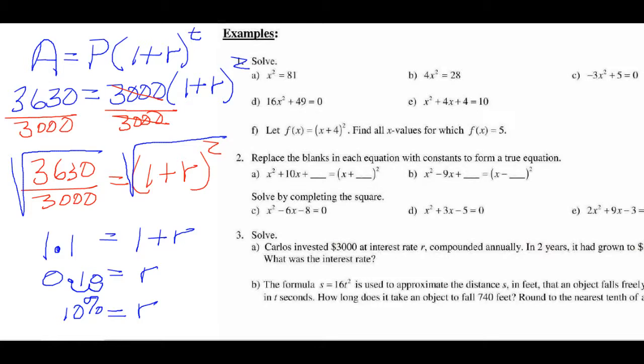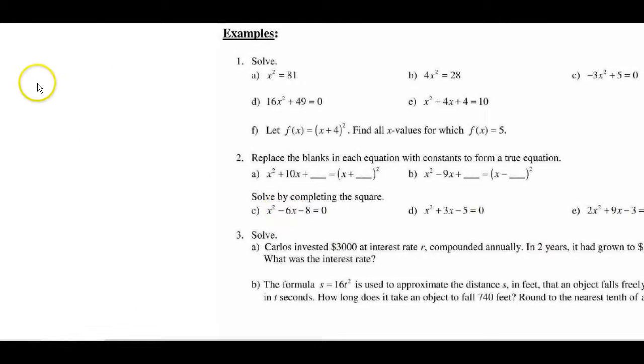And going on to the last one, we have this formula: S equals 16t squared. And we have an object that's going to fall 740 feet.